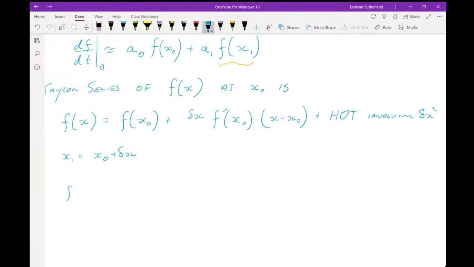So we have f prime of x0, that's this written in different notation, equals a0 f of x0. Now we're pretending that we know f of x0, but we don't know a0, and we don't know a1.